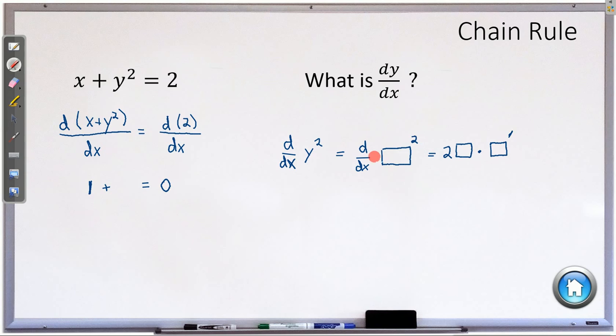The 2 multiplies down in front, the derivative of the outside, times the derivative of the inside. Well, what goes on the inside? Y. That was our box. That's what we replaced with box. So the derivative of y squared is 2y times y prime.